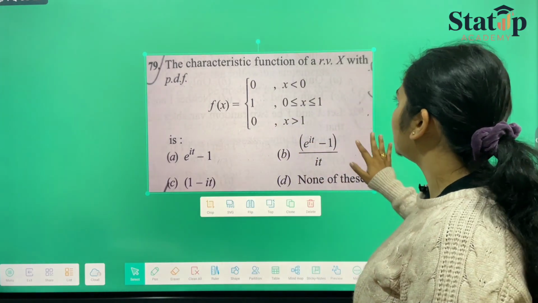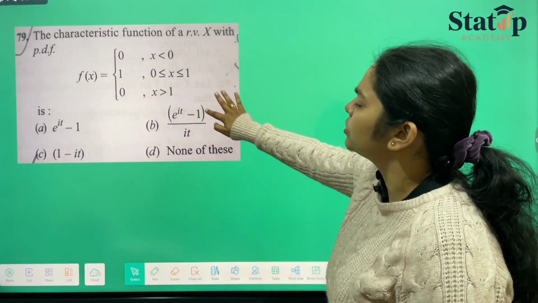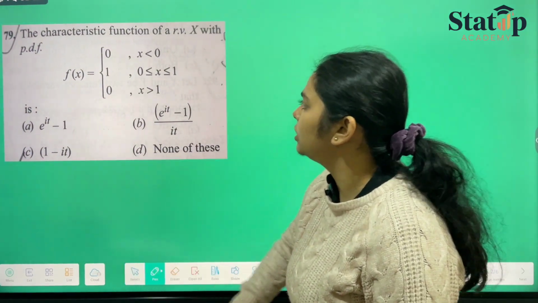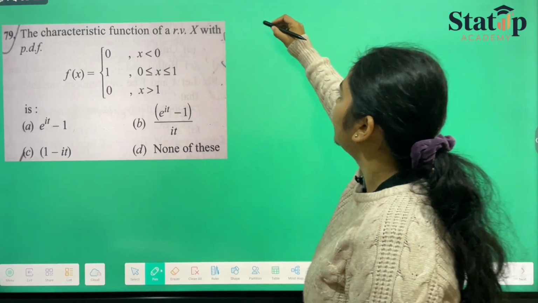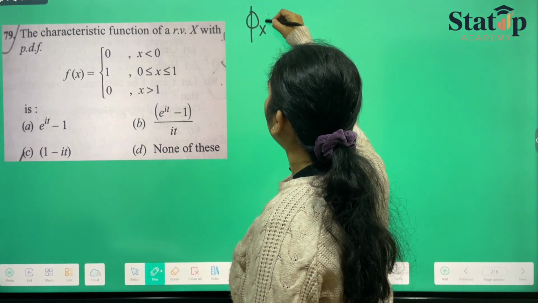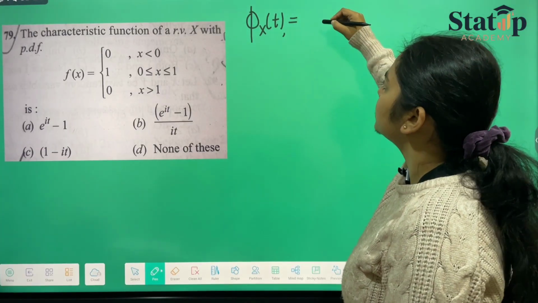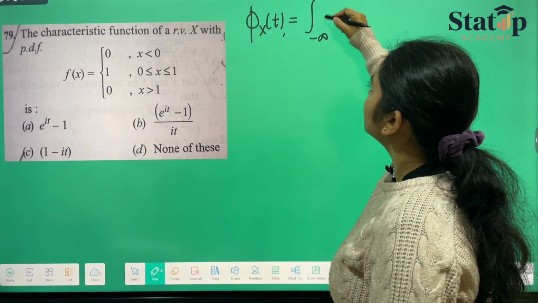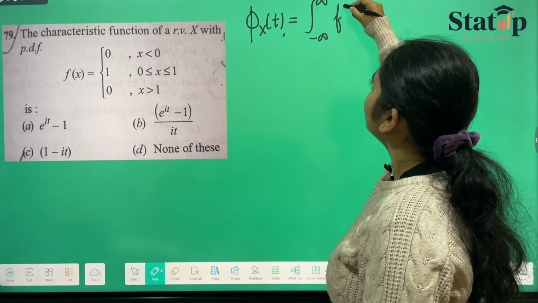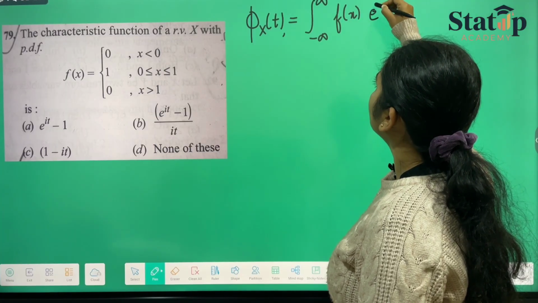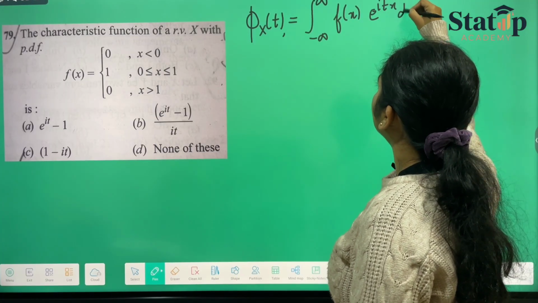Here they have asked us to find the characteristic function of x with the given PDF. Now we know that the characteristic function of a continuous random variable is the integral from minus infinity to infinity of f(x) e raised to the power itx dx.